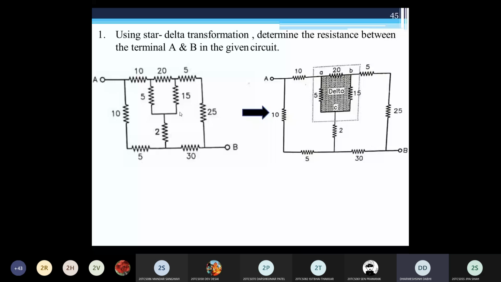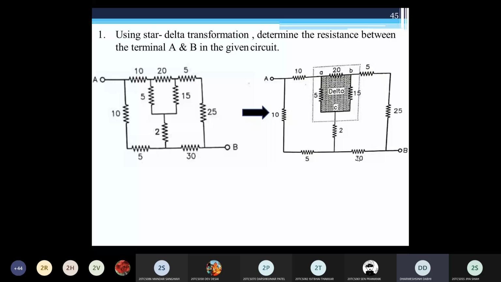If you convert this 2, 5, 30 from star into delta, then again this circuit becomes complex. Here we do not want to make this circuit complex. Here we want to reduce this circuit. So first think about that: by reducing which part you can simplify this circuit in minimum steps.